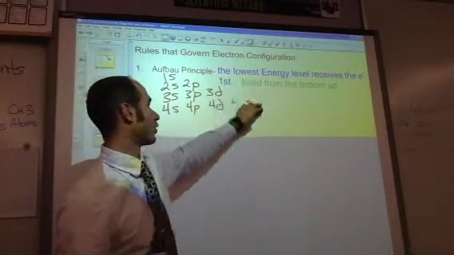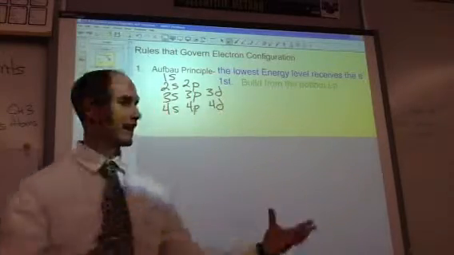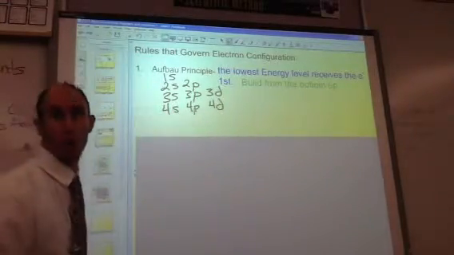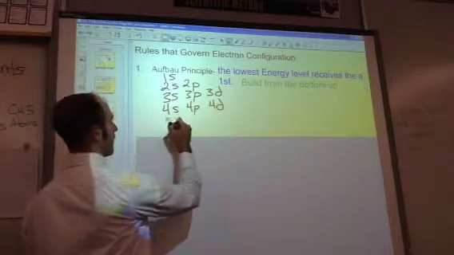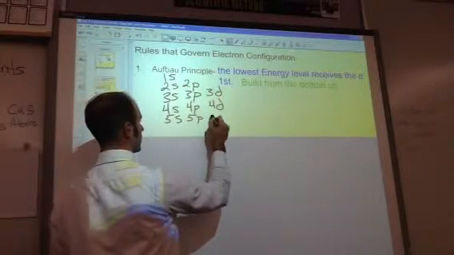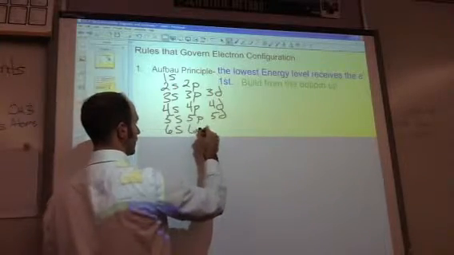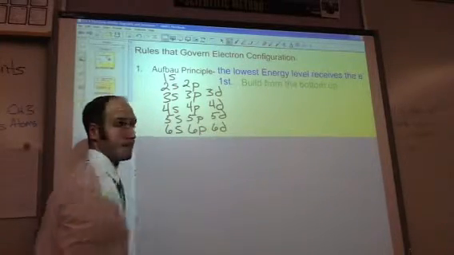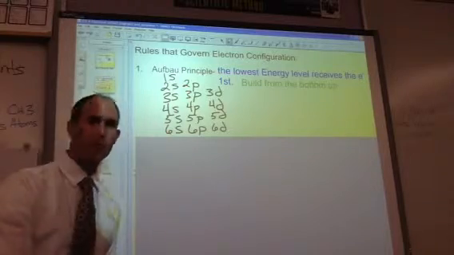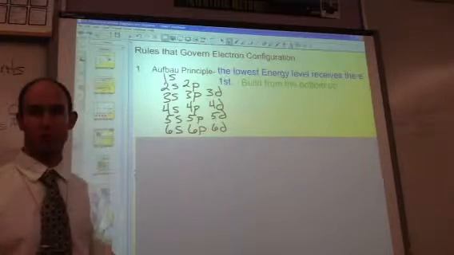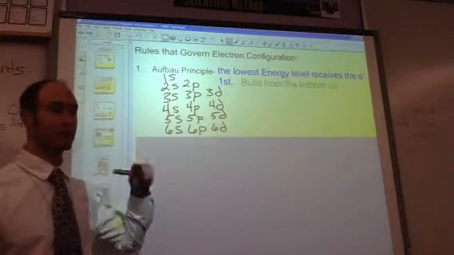No. So I kind of ignore the fact that it's there. Simplify things. We don't need to know what's there. Don't put it there. Then we have 5. And then 6. Alright, and you could keep going, but we're going to stop there. That's as high as we go. We actually go to 6s is the highest that we go.